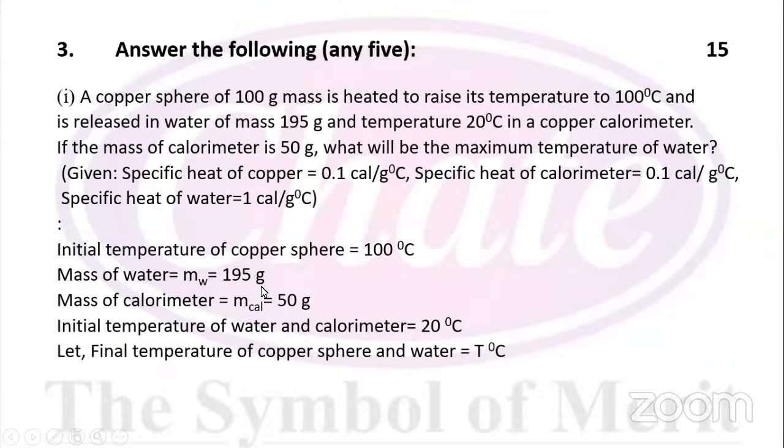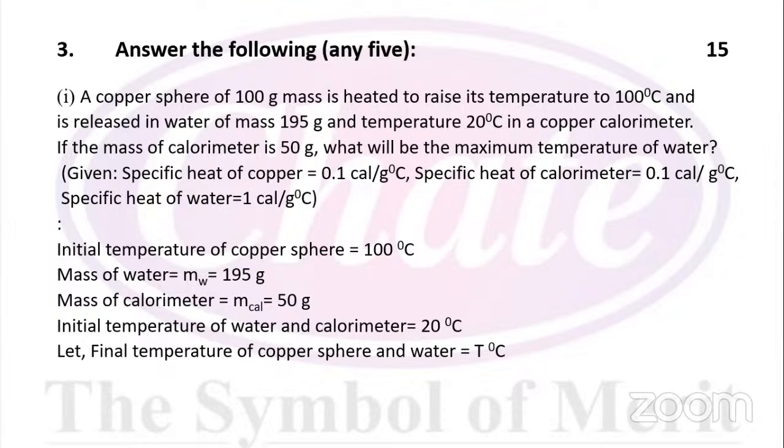So here the mass of water we are going to take is 195 gram, and they have given the mass of the calorimeter as 50 gram, so we are going to use that information here. The initial temperature of water and calorimeter is 20 degrees Celsius. And the final temperature we are going to consider as T degrees Celsius. So we know that a hot copper sphere is dropped into the water.